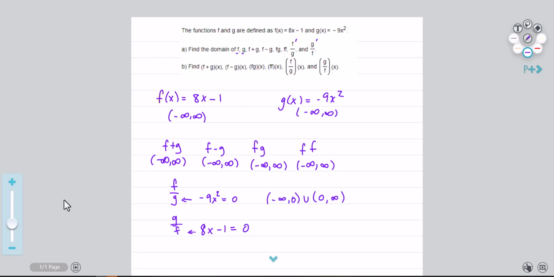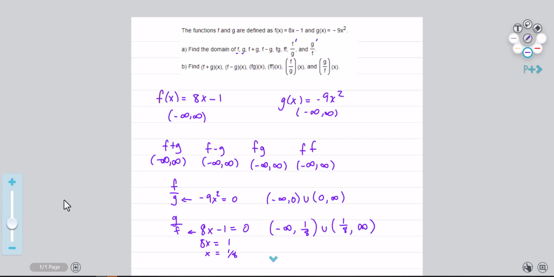So I could just simply solve this and see that when x equals 1/8, this is going to be equal to 0. So kind of the same thing as above, 1/8 union, jump to the other side of 1/8 and infinity. So again, the first ones were really fast. In fact, I just copied and pasted them in the answers because you're never really concerned if you're not dividing, and neither of these functions had radicals.